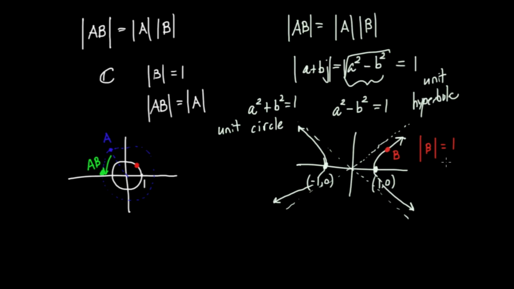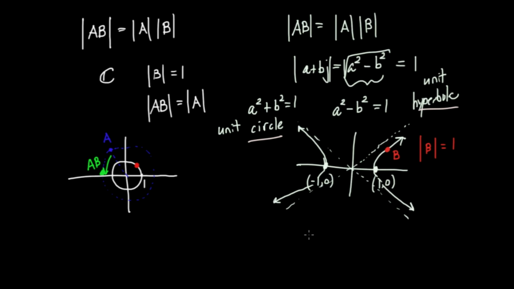So under this notion of distance, B is of unit length, even though it may not be on the unit circle. So we can think of magnitude in split complex numbers as identifying which hyperbola the point is on, whereas in the complex numbers, we can think of magnitude as identifying which circle the point is on.